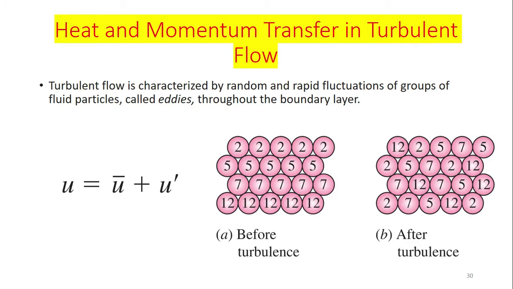The velocity can be expressed as the sum of the mean value, u bar, and the fluctuating component, u prime. The mean velocity is very important, and its magnitude is very high compared to the fluctuating component.